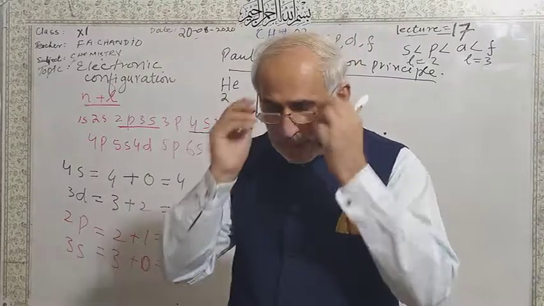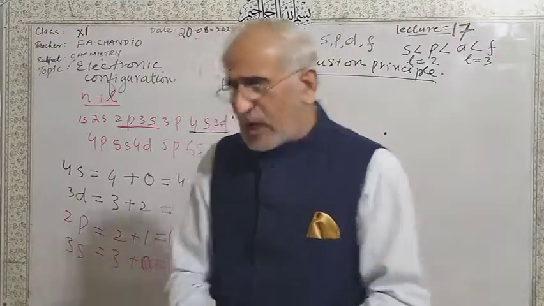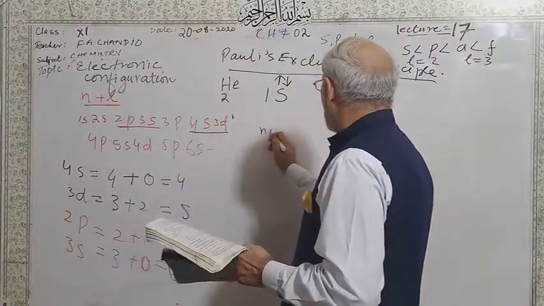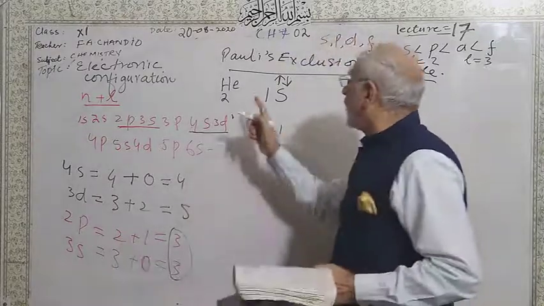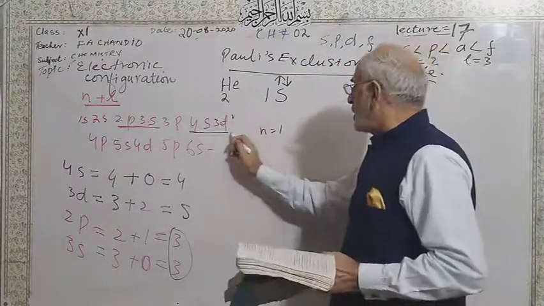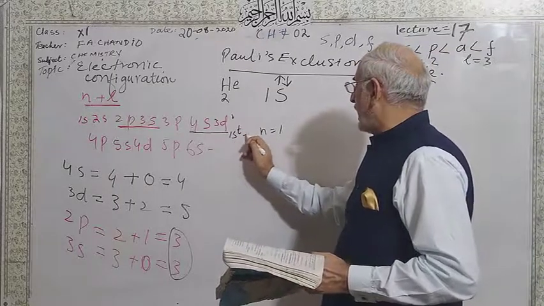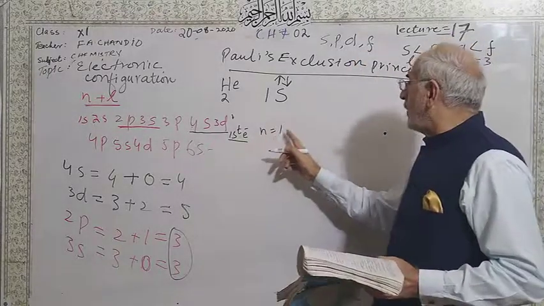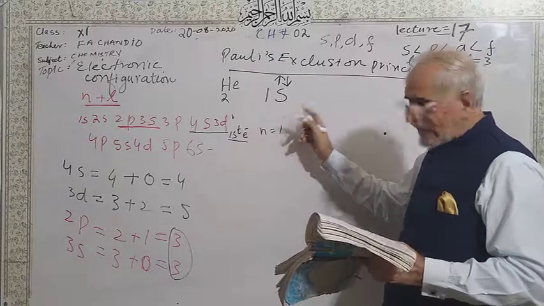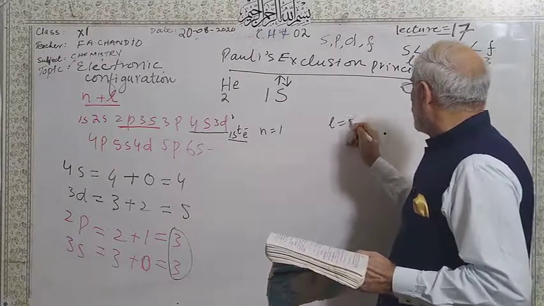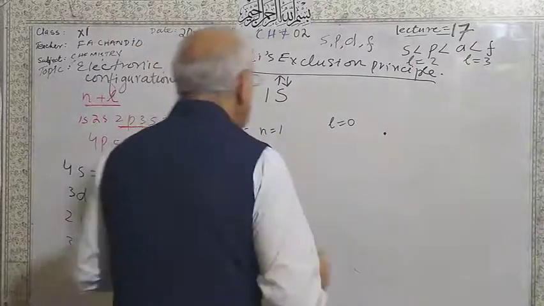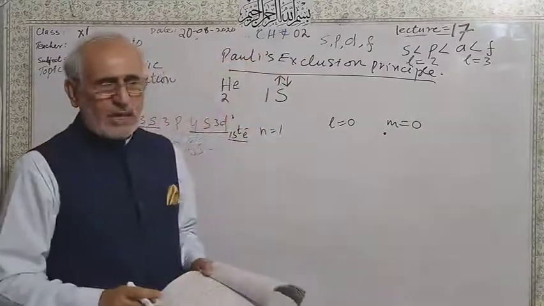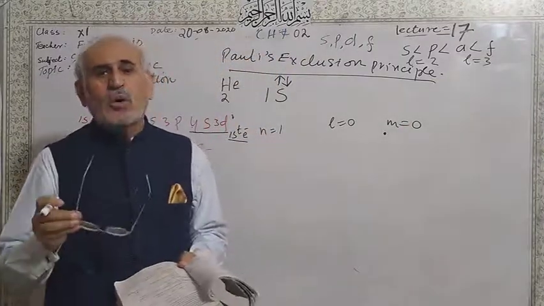So an example is given here, let's see how it is explained. This is n equal to 1 and we are accommodating 2 electrons. This is for the first electron. When n is equal to 1, this is an s, so l will be equal to 0, as we did with the azimuthal quantum number and magnetic quantum number.